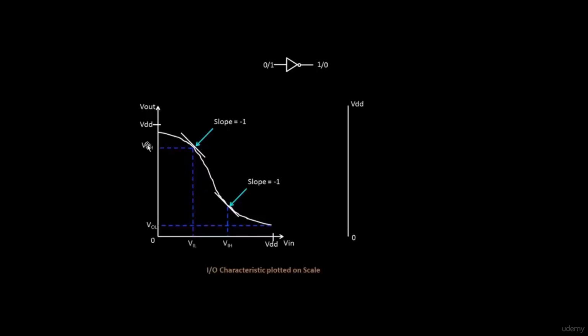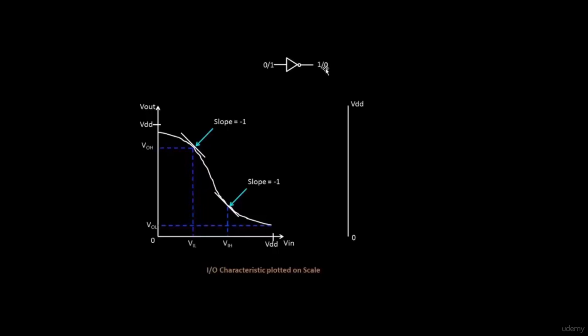And why so? Because we know that VOH will be greater than VIH, and the reasons we discussed in the last video, where we said that VOH has to always be greater than VIH so as to be detected as logic 1 by the next stage of the input.